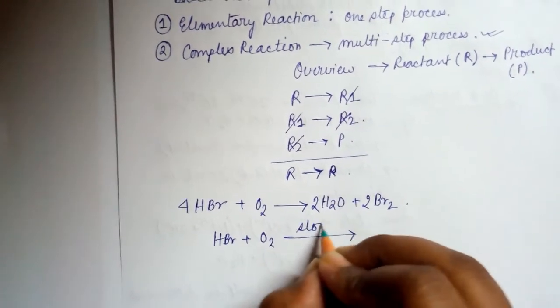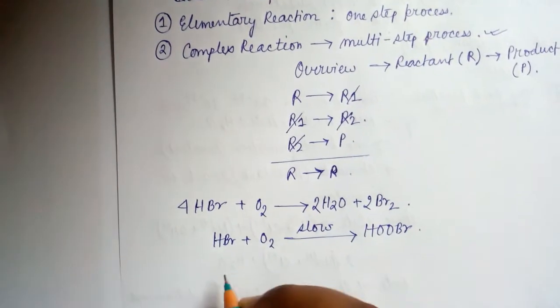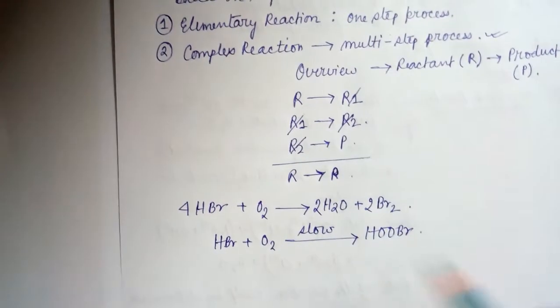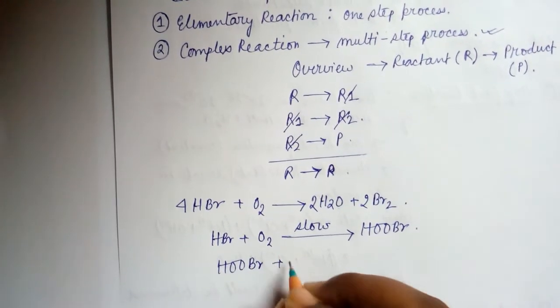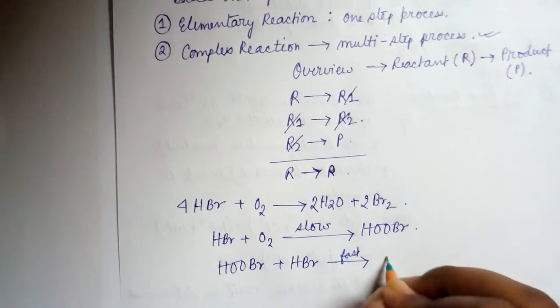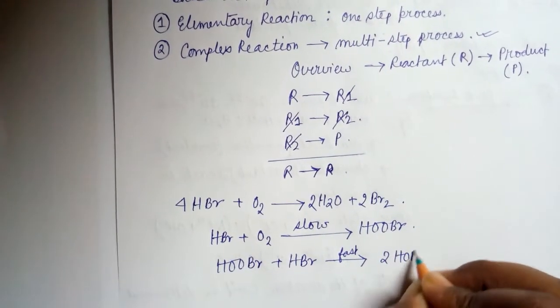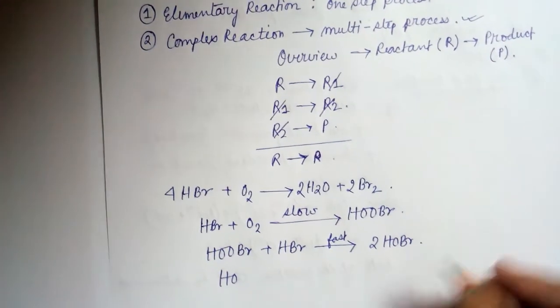This is slow and gives an intermediate product, say R1. Then this reacts again to give, say, R2.